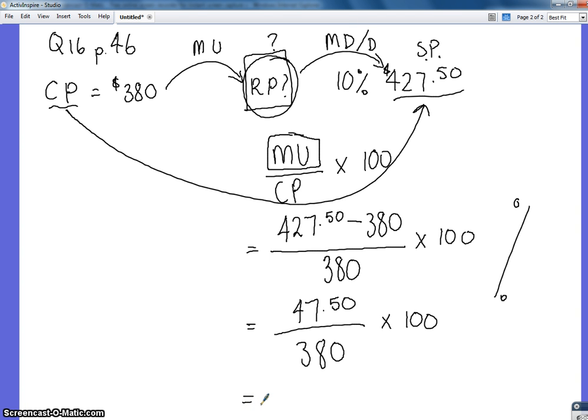Get your calculator. So you gave me the answer. The answer being 12.5, it's a 12.5% markup.